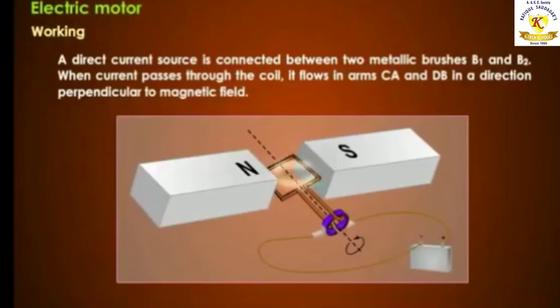Observe the figure carefully. Electric current is sent in a rectangular wire loop placed in a magnetic field. The magnetic field due to electric current in the wire and the magnetic field of the magnet repel each other.